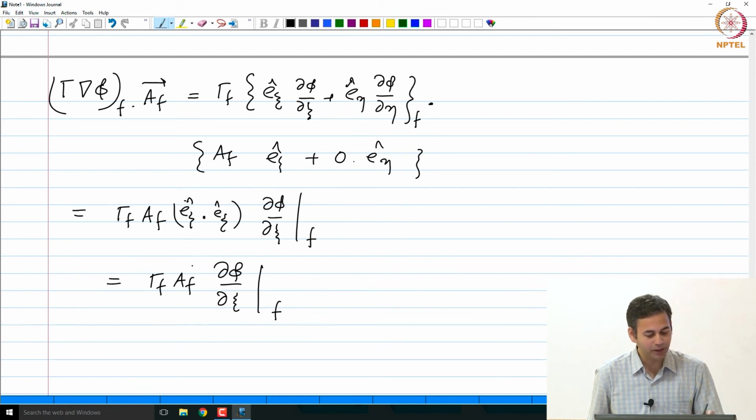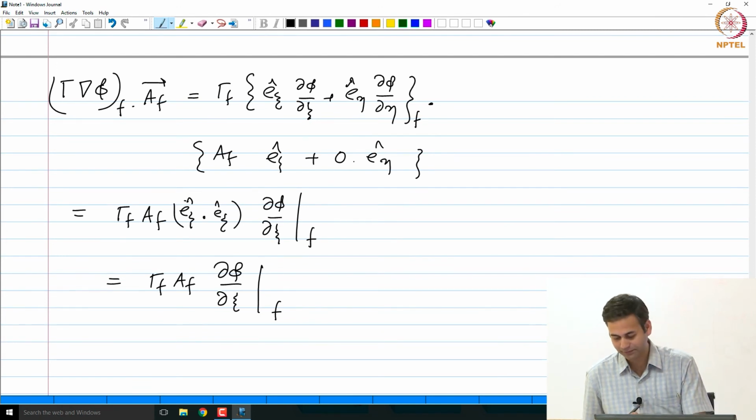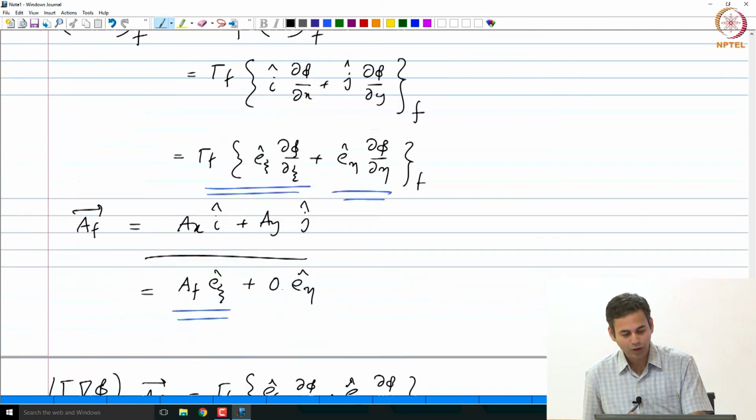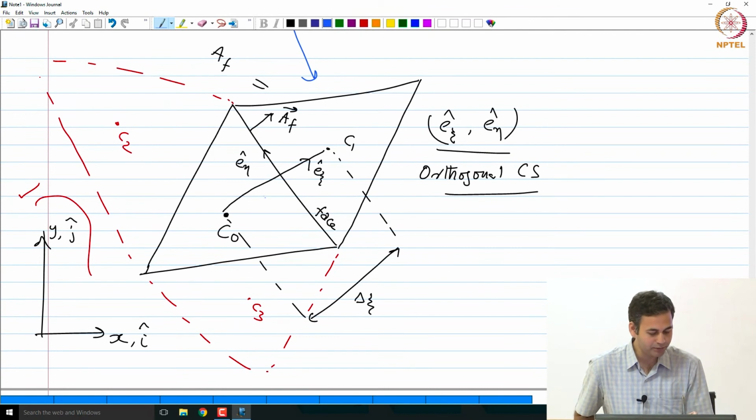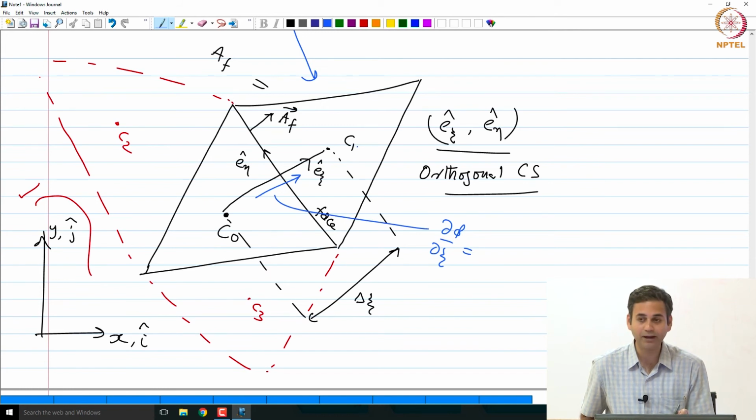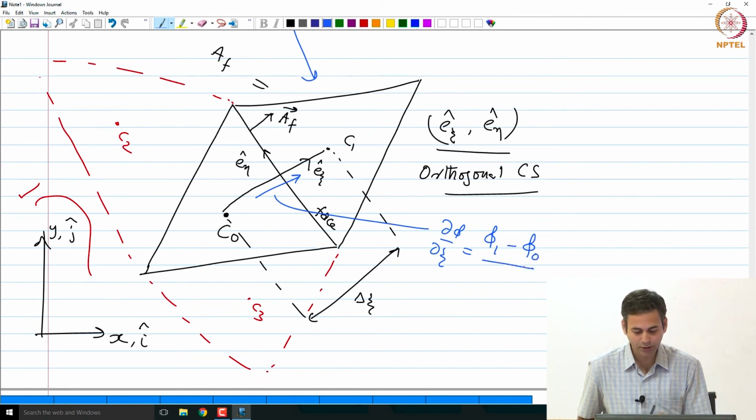What is partial phi partial xi f? Essentially we are evaluating the derivative in this direction. What will this be? This will be the value of phi at C1, let us say phi 1, minus phi 0, upon the distance, delta xi.